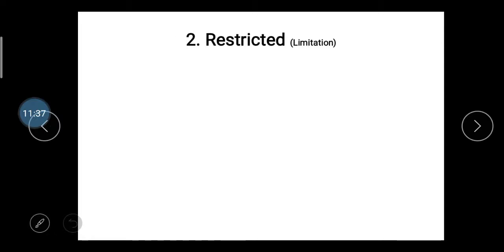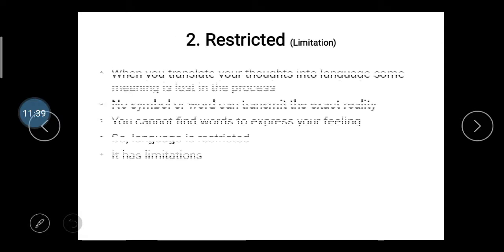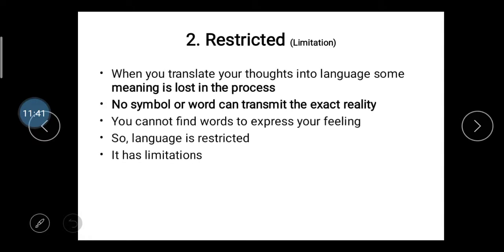Then restricted. When you translate your thoughts into language, some meaning is lost in the process. Sometimes we think of different events, but when we communicate, we cannot communicate properly. So language is restricted. No symbols or words can transmit the exact reality.